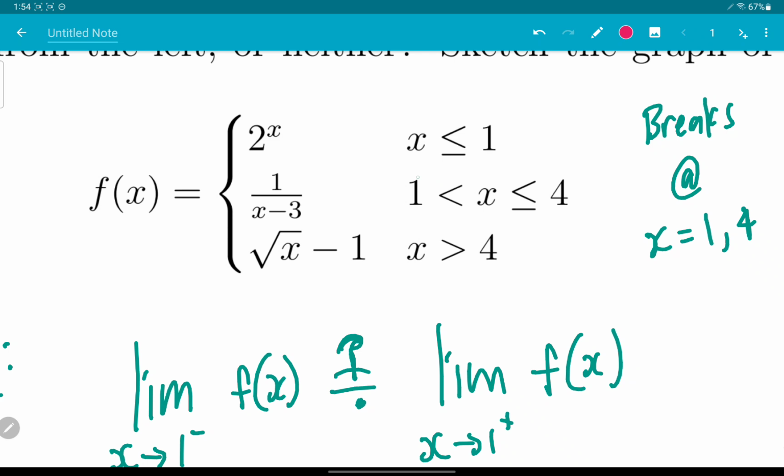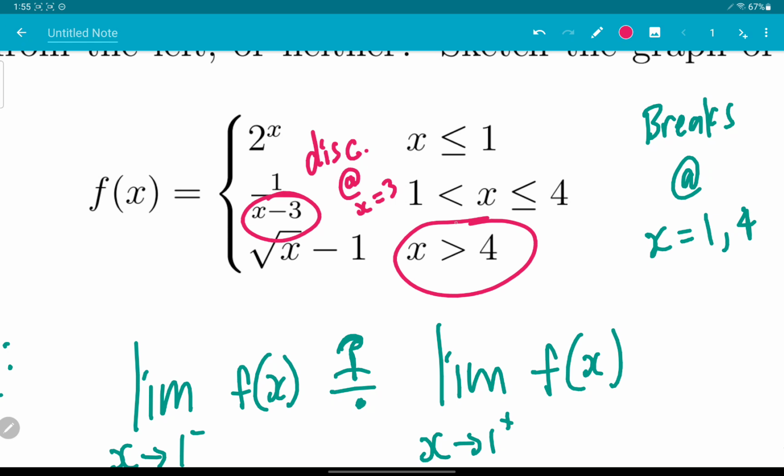In the middle, this one has a problem. There is the possibility of a division by 0, and that occurs at x equals 3. So I'll write discontinuous at x equals 3, a division by 0.